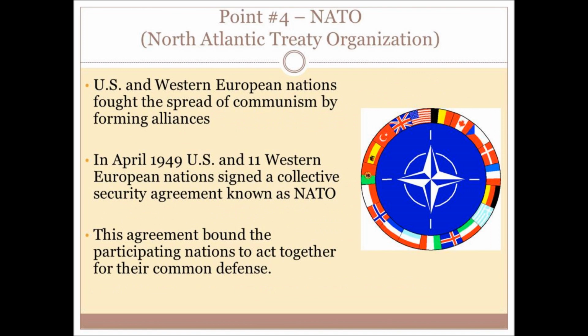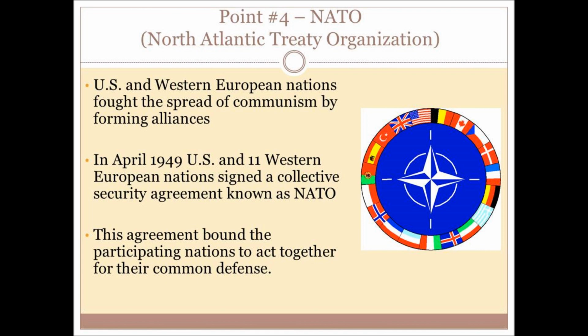The United States also spearheaded a new group called NATO, the North Atlantic Treaty Organization. NATO was basically an alliance between the U.S. and Western European nations to fight the spread of communism by forming an alliance. In April of 1949, the U.S. and 11 Western European nations signed a collective security agreement known as NATO.